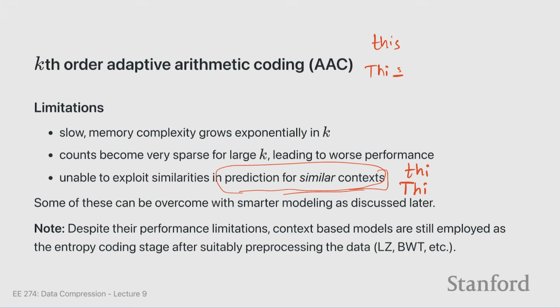But that silly adaptive arithmetic coder kth order model doesn't know. Everything looks different to it. It has no understanding of English. It has no understanding of anything. And it just treats any two contexts, any two past sequences, as distinct. It just stores separate counts for all of them. So it doesn't do as well.